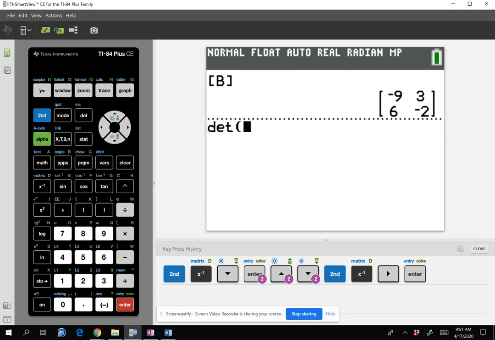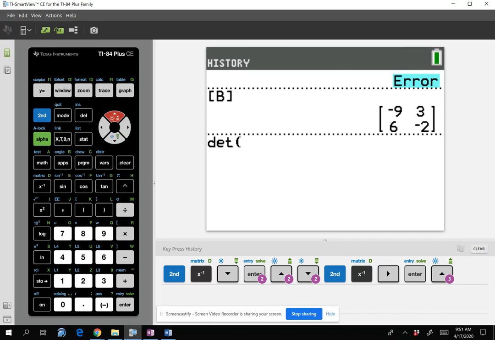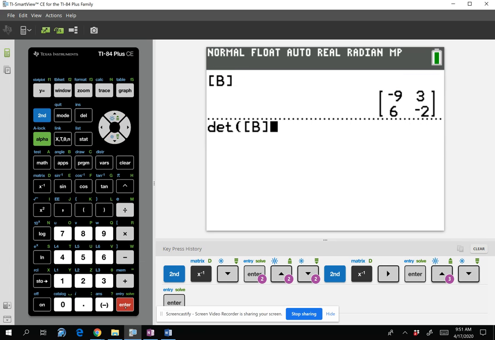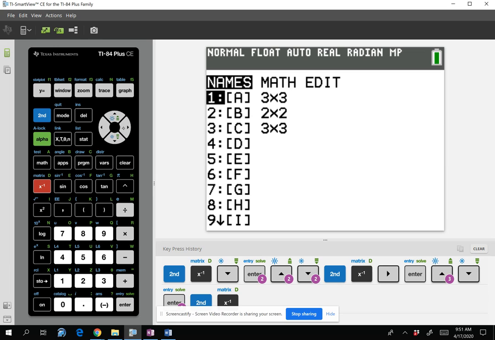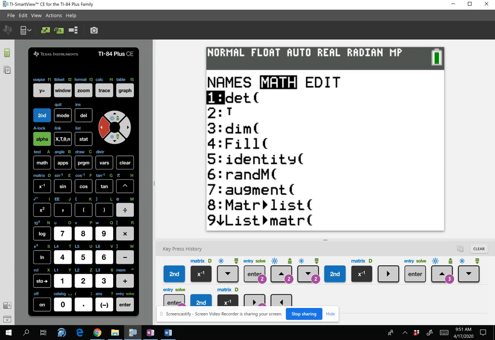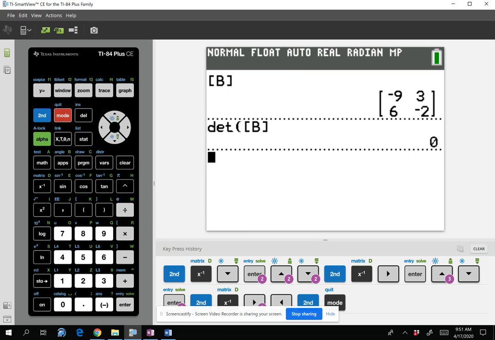Det is determinant. So the determinant of B is 0. That's all you need to do. That's how you do it on the calculator. You put it in under edit, and then go to math, determinant. That's pretty straightforward.